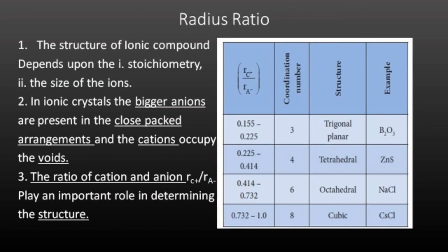An example is ZnS. 0.414 to 0.732 means the coordination number is 6 and the structure is octahedral. An example is NaCl. Suppose the radius ratio is 0.732 to 1, the coordination number is 8 and the structure is cubic. An example is cesium chloride.